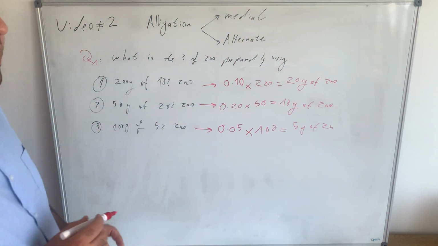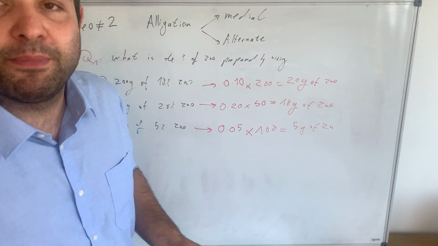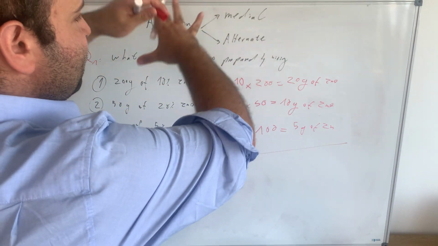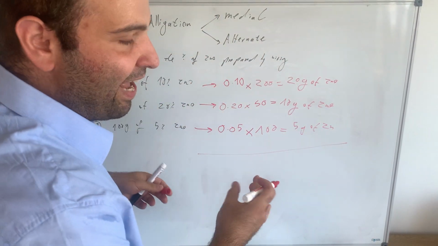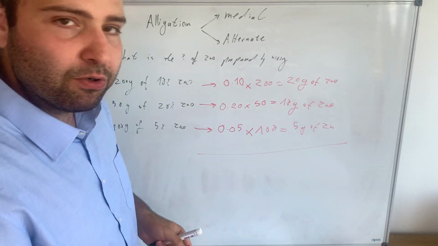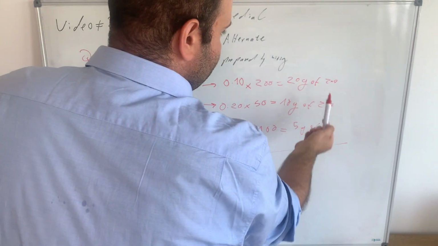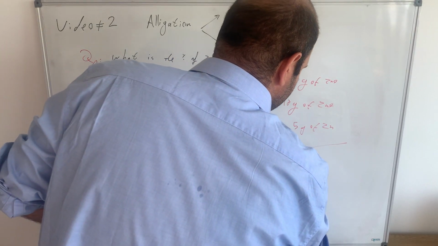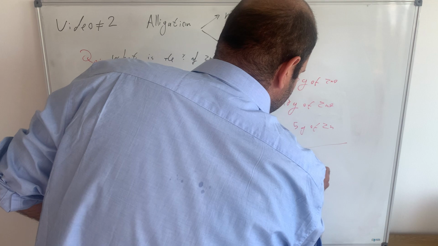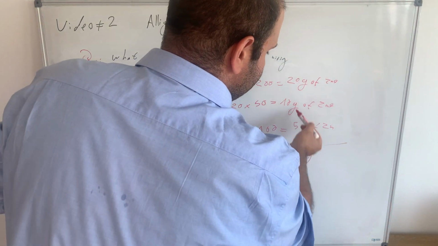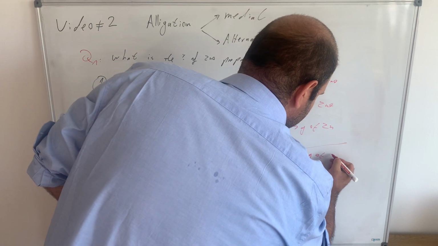So the second step, we simply have to sum it up. How many grams of zinc oxide are present in the preparation that we prepared? 20 grams plus 10 plus 5 gives 35 grams. So this mixture contains together 35 grams of zinc oxide.